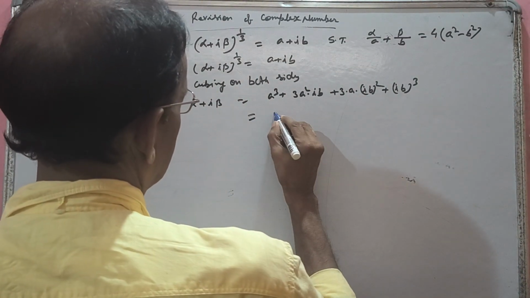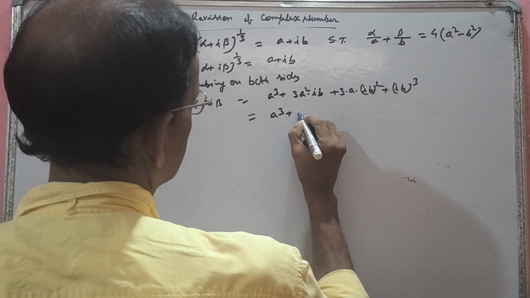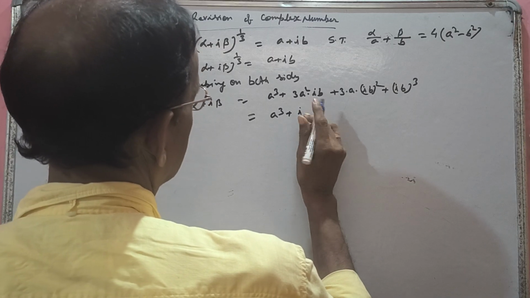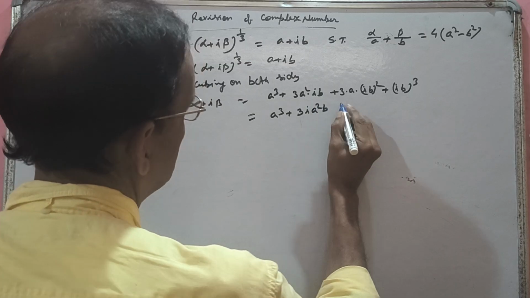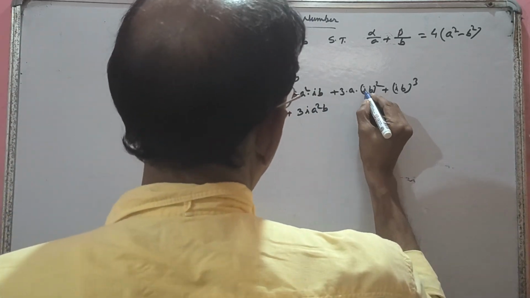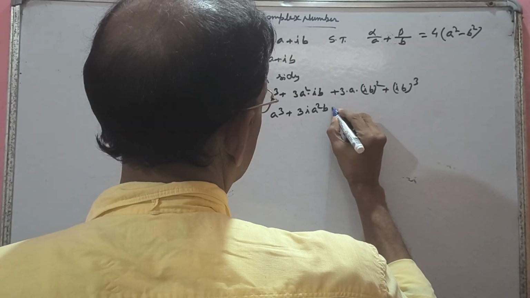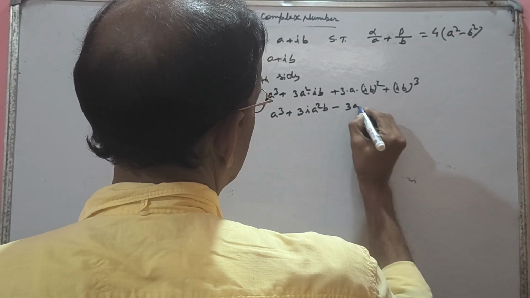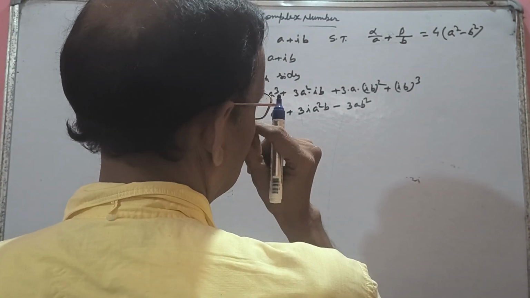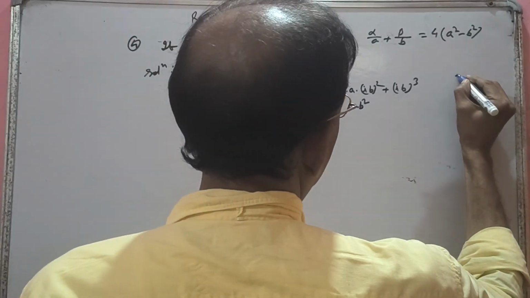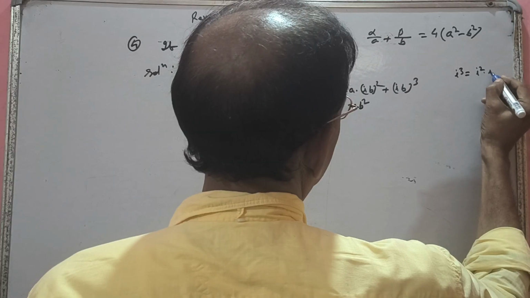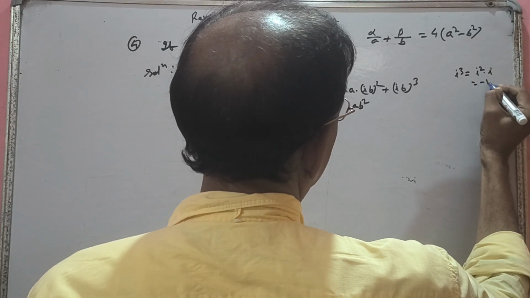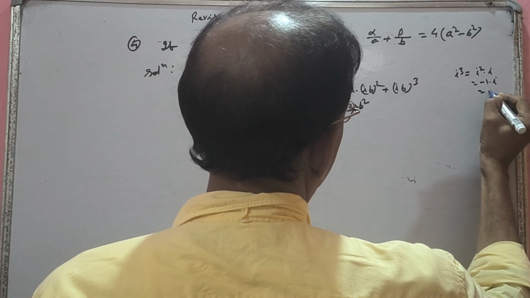Here, simplify: a cube plus, you can write, 3i a square b. What is here? i square is minus 1, so this sign will be minus 3ab square. Is it? What is i cube equal to? i cube equal to i square into i, and minus 1 into i, so minus i, no?